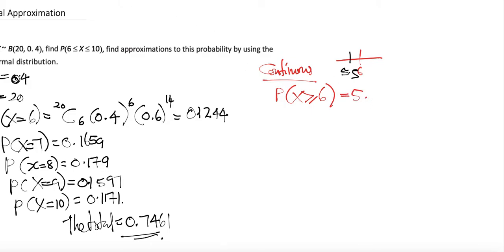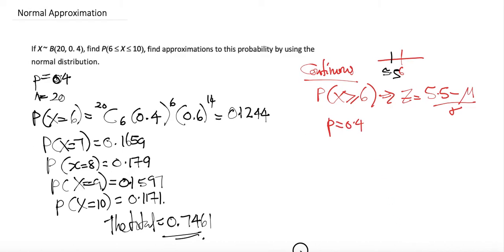So doing this, I have 5.5 to find the z-score. Let's find the z-score. To find the z-score, I have 5.5 minus mu over the standard deviation. Before that, let's find mu and the standard deviation. P is given as 0.4, and n is given as 20. So mu equals np.